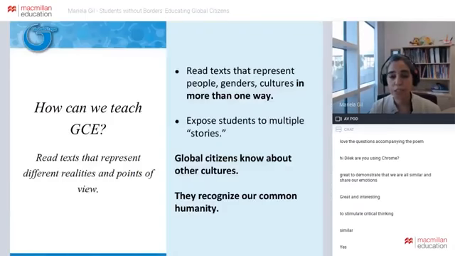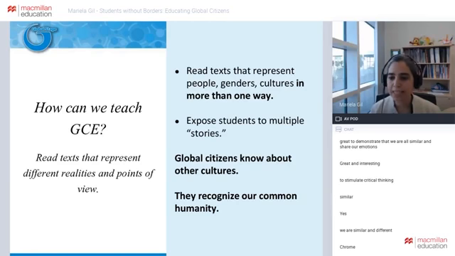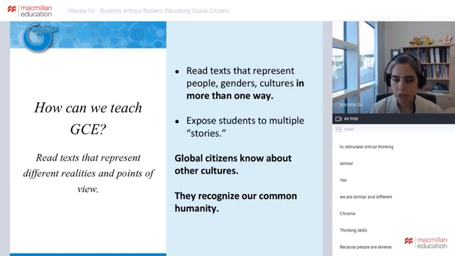So when you teach a text, read texts and show your students texts that represent different realities and different points of view. Represent cultures, genders, peoples in more than one way. Because yes, people are diverse. Expose children or students to multiple stories. Why?